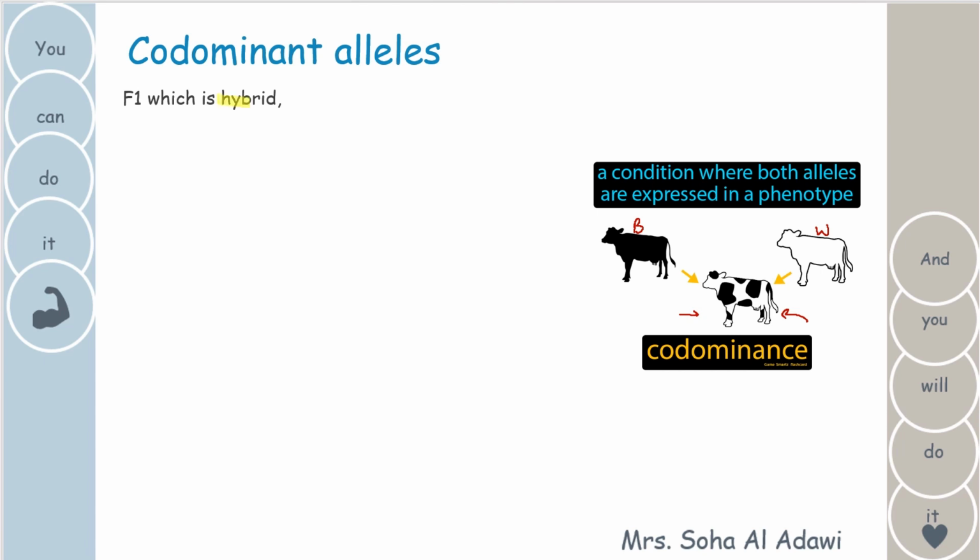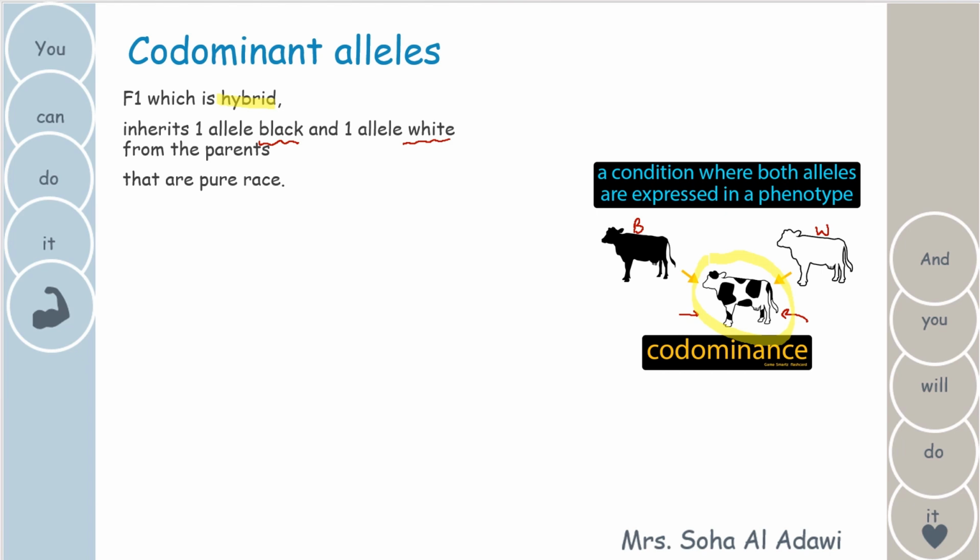So we start by saying F1 which is hybrid. Why hybrid? Because he inherited one allele, we say the name of the allele black and one allele white, from the parents that are pure race. This is important. Okay?